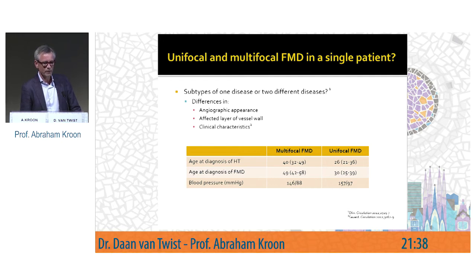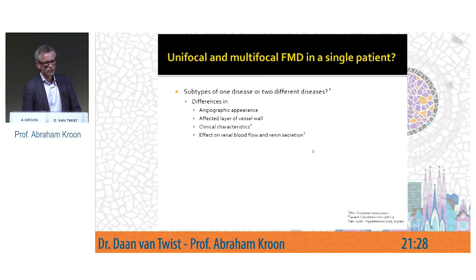Some of these patients with unifocal disease present with asymmetric kidneys, with an atrophic kidney already at young age. We've also shown ourselves, but I won't elaborate now, that there is a significant difference in renin secretion between the unifocal and the multifocal FMD. So, in our minds, it is two different diseases, and that presents in one patient.